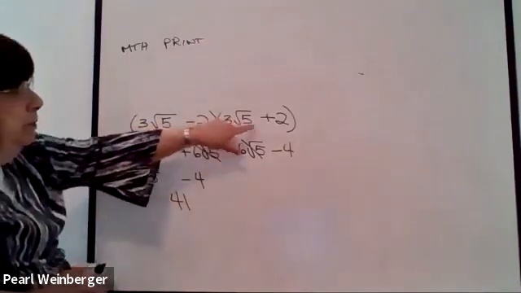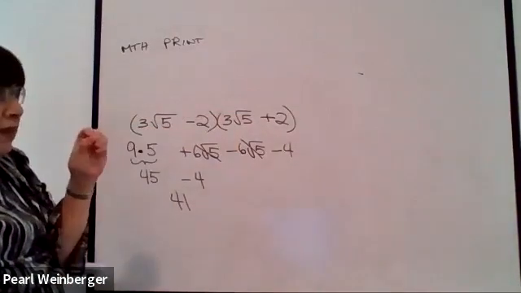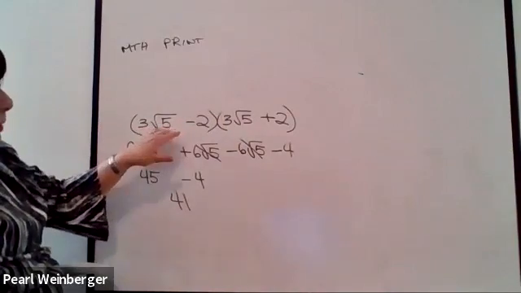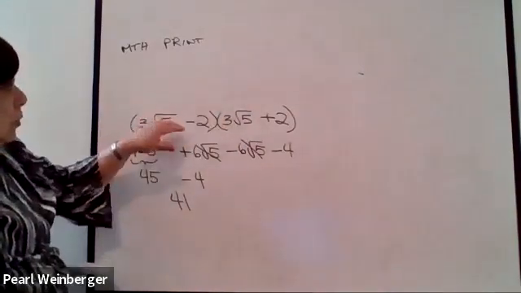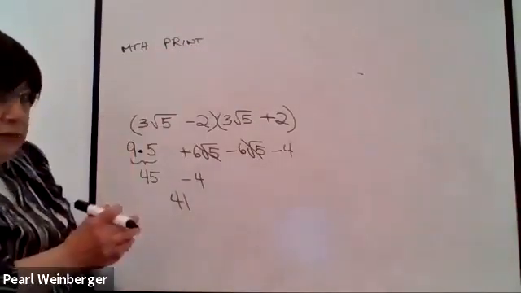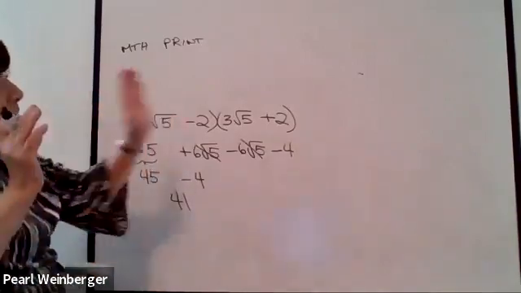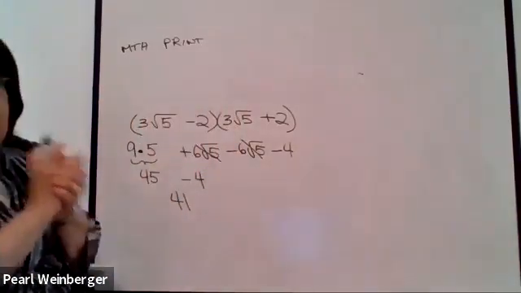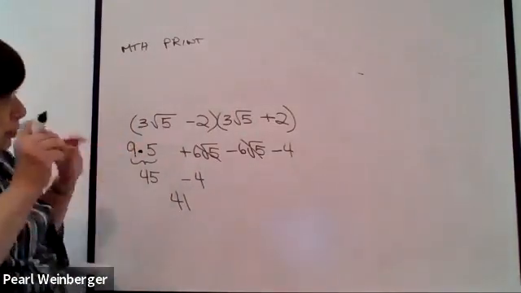When I am multiplying conjugate binomials, and I will recognize that because I'll have two separate parentheses where the two binomials look almost identical, but in one case I'll have a minus, and in one case a plus, that'll tell me that I'm multiplying conjugate binomials.